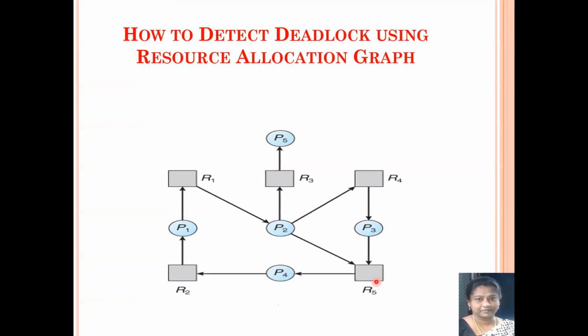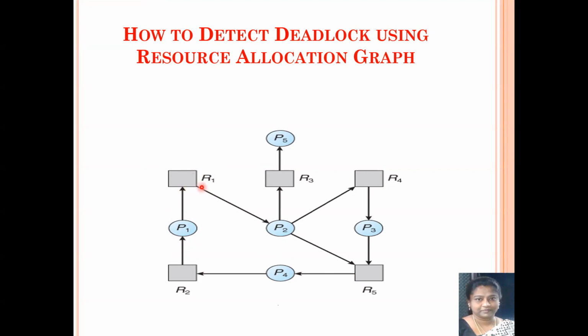Now, if you look at the resource type diagram very carefully, you can see a single square. It's an empty square. The name of the resource type is written outside. Whereas if you look at a process, you find that the name of the process is written within the circle. The reason why the name of the resource is written outside the square is that this represents a single instance of a resource type.